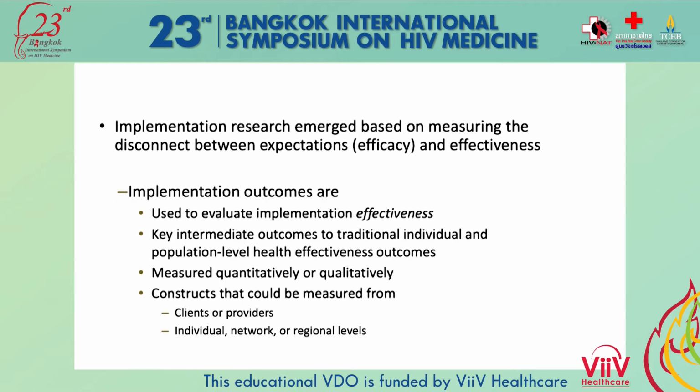It's a key intermediate outcome between your traditional individual and population level health outcome and what you actually did in your program. You can measure them quantitatively or qualitatively, and from the perspective of clients or providers, in addition to using individual, network or regional level analyses.